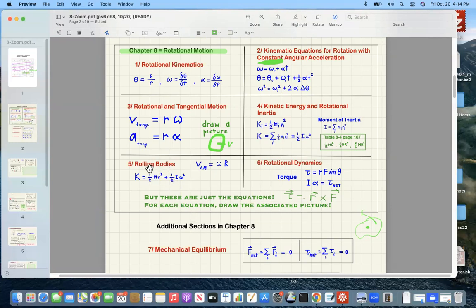And if there's a rolling body, there's a relation between the velocity of the center and the angular velocity as it's rolling. V of the center of the rolling object, that's the linear velocity of the center of the object, is omega times r. R is the radius of the rolling object, and omega is its angular velocity.